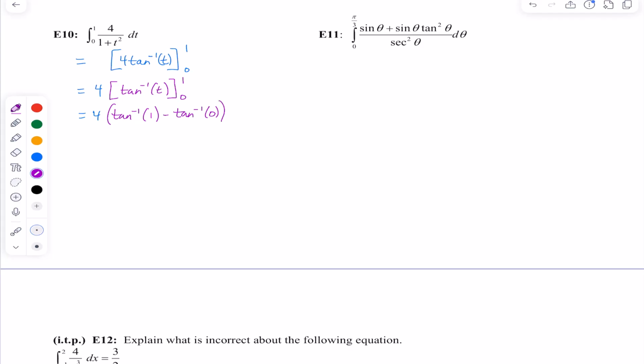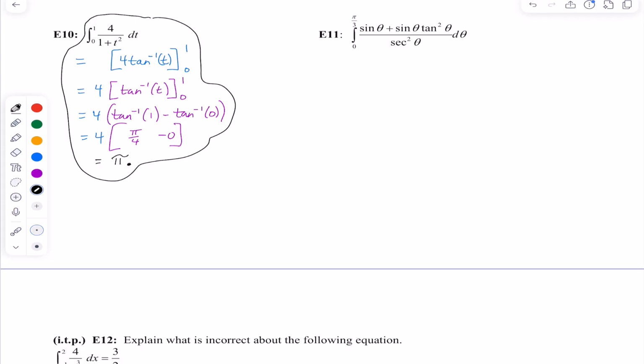And of course, you have your trig values memorized. And the answer here is pi. The first expression simplified to the final expression of pi.